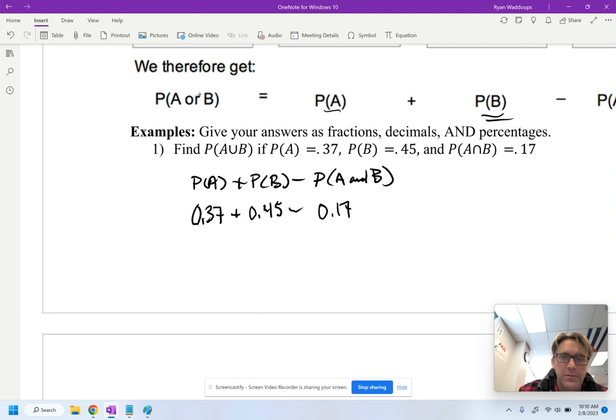So if we add those quantities together, plugging this into my calculator, 0.37 plus 0.45 minus 0.17, that comes out to 0.65.